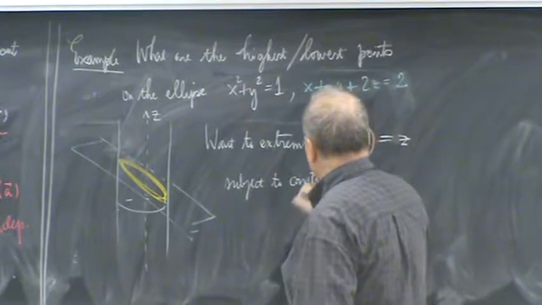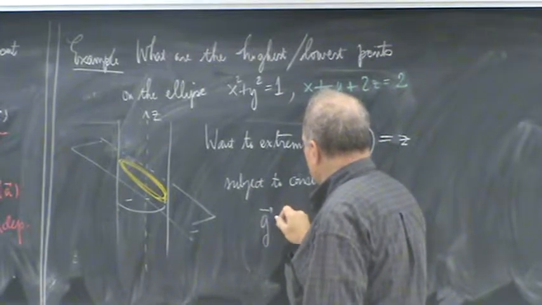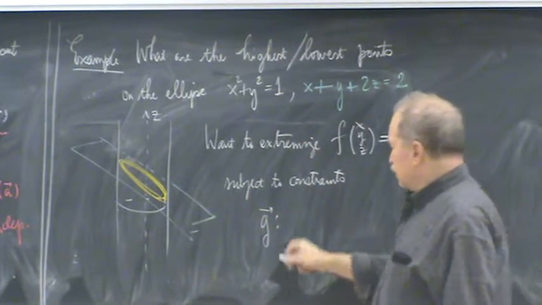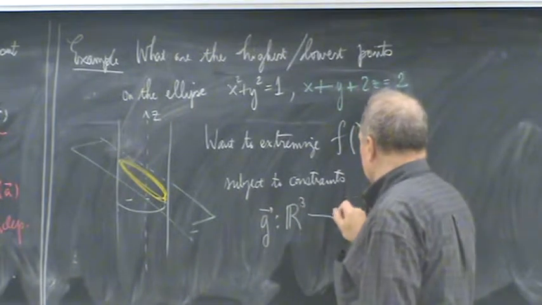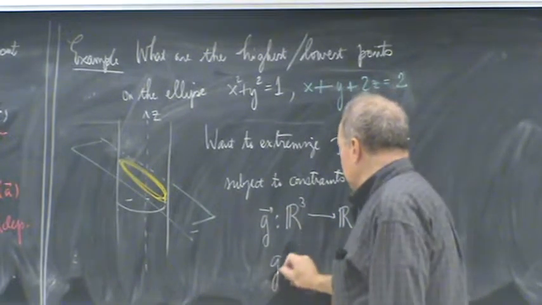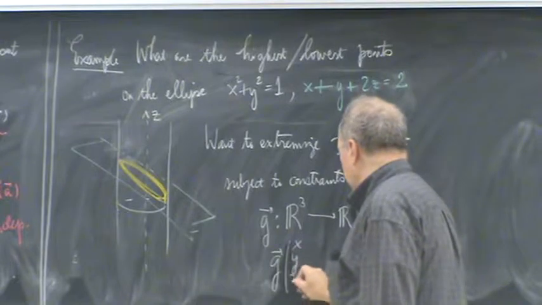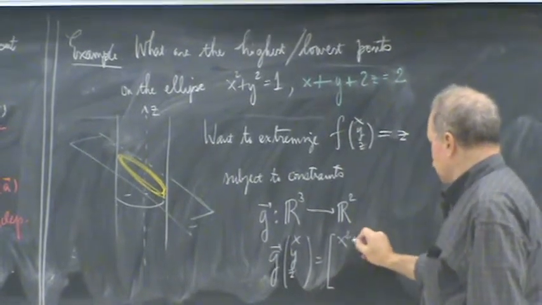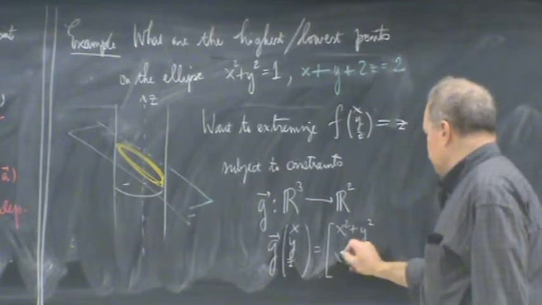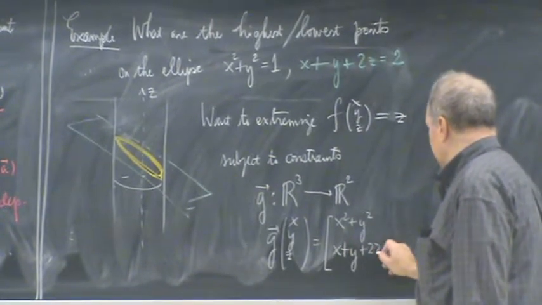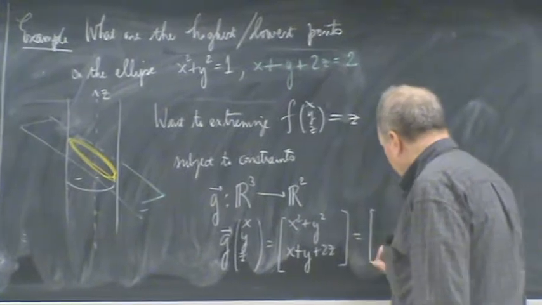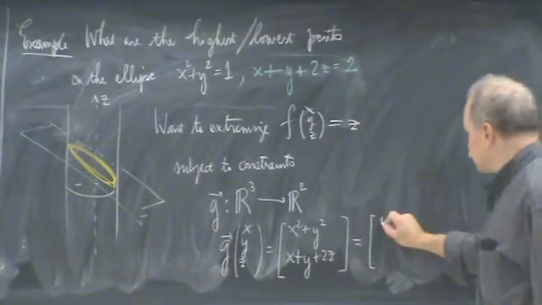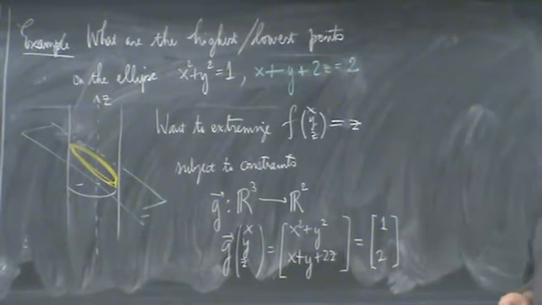So I have two constraint equations, so I'm taking the function g that maps R3 to R2 now, and g gives me the constraint equations by sticking in my functions, x squared plus y squared, and x plus y plus 2z. If I set that equal to 1, 2, that's my constant, then that defines my ellipse.